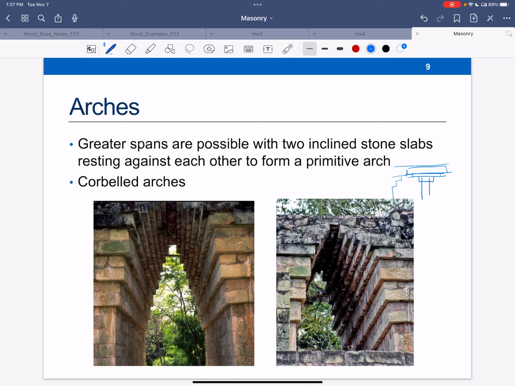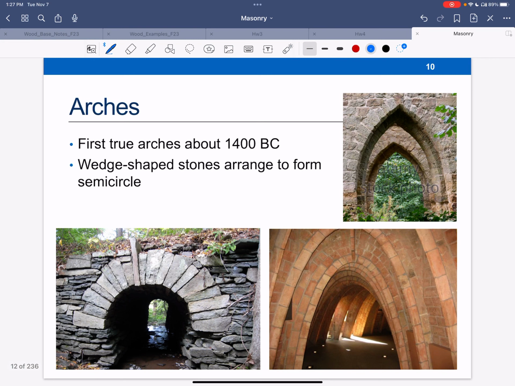That's what you're seeing in these pictures here, essentially two stacked corbels on top of short columns that form early arches. Then we get a little better at this, and around 1400 BC, we start to see some actual arches. In other words, I'm really using the arch form, which is in compression.